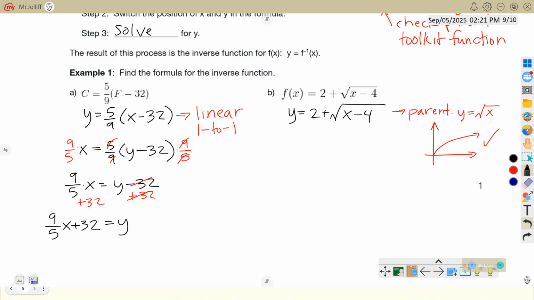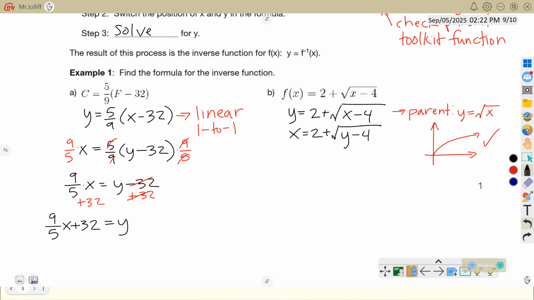Next step. Jackie, what do I do next? Step 2. That's exactly right. Let's switch the position of x and y. Perfect. Very good. I want to solve for y. I have to work from the outside in.